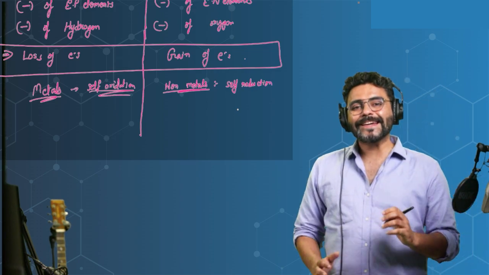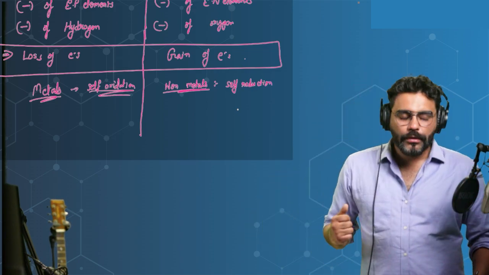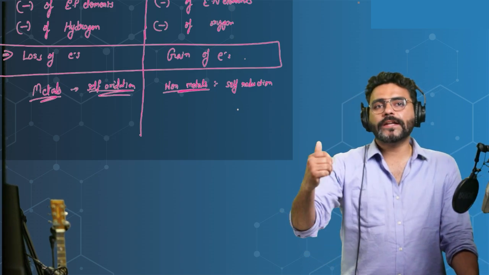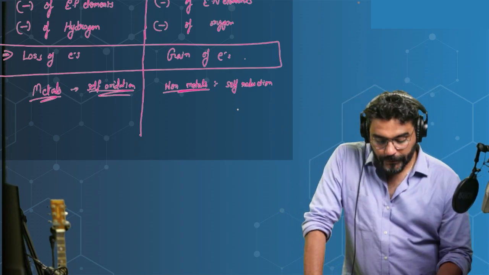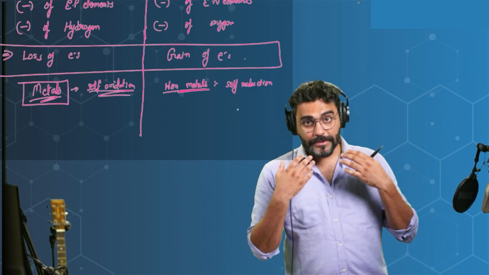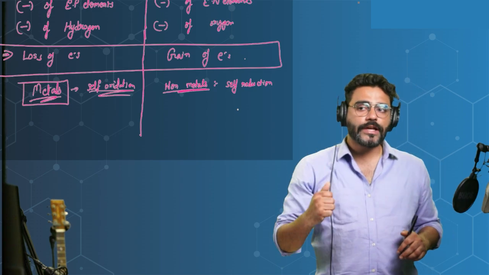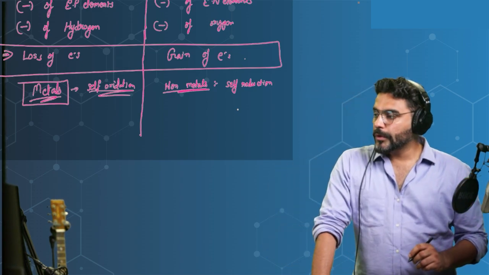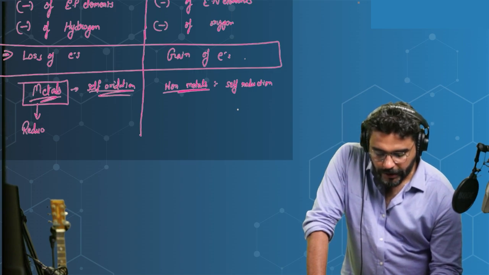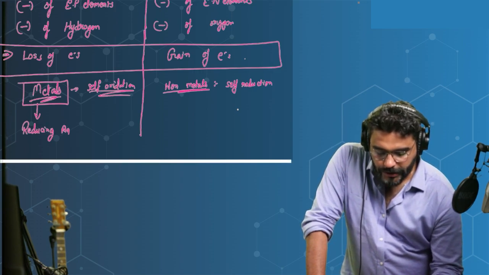Now, if any entity is self-oxidizing, losing the electrons, the front party will be reduced or oxidized? Reduced. So metals are what agents? Reducing agents. Good.